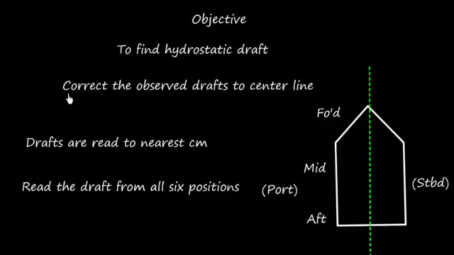So these drafts are corrected to the center line. If I have the port side draft and starboard side draft, I need to take the mean of that. Similarly, for the midship port side and starboard side draft, I need to take the mean of that, and similarly for the aft draft also. Basically, we need to correct the observed draft to the center line.